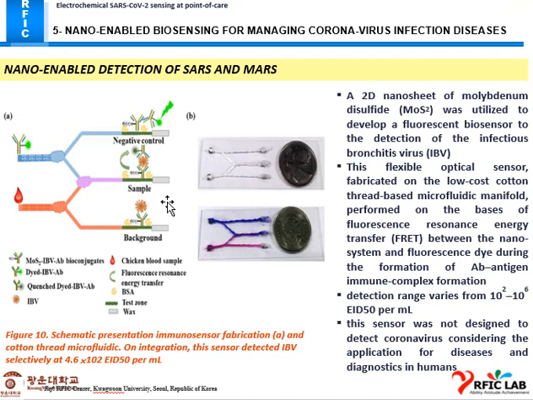After the drop casting of the sample, our microfluidic chamber gives a different color for the antigen, because the binding of the antigen and antibody occurs. So it is based on cotton thread microfluidic detection technologies.